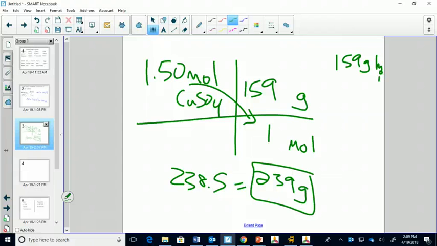I would put that 239 in some water, mix it up so it dissolves, and then add enough water to get it to 1 liter.